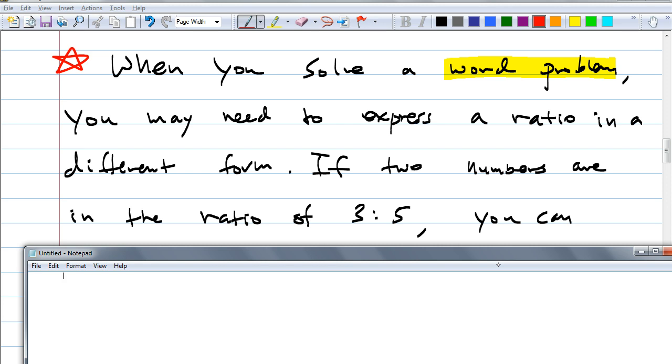Let's write this down. When you solve a word problem, you may need to express a ratio in a different form. If two numbers are in the ratio of 3 to 5, you can. What sort of different form are we going to use? So let me give you time to write this down first, and let's think about this before we actually write it out.